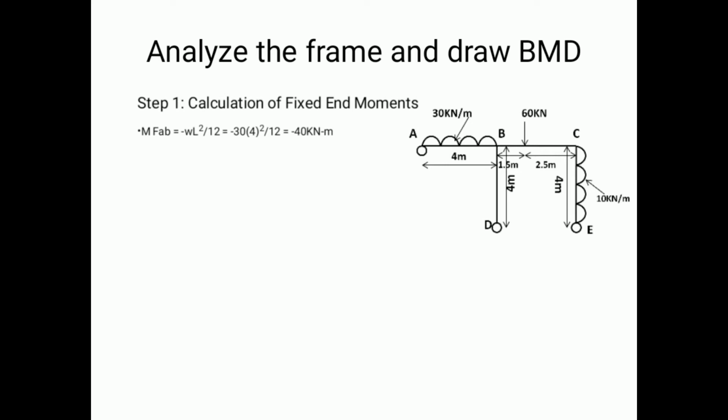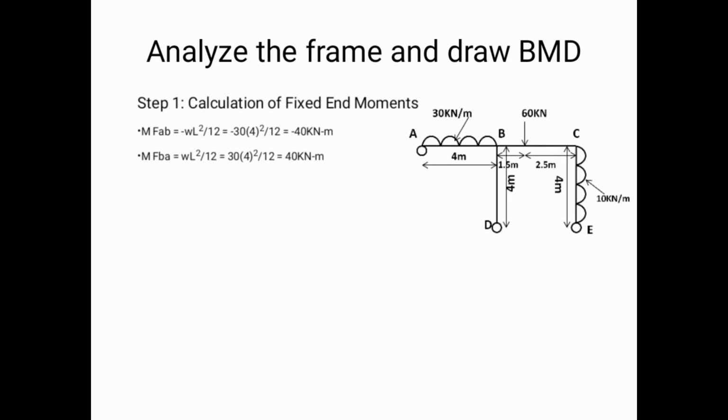When a structural member is subjected to a uniformly distributed load, the fixed end moment is equal to WL square by 12. So W is equal to 30, L is 4. So 30 into 4 square divided by 12, which is of negative variation, equal to minus 40 kilonewton meter.